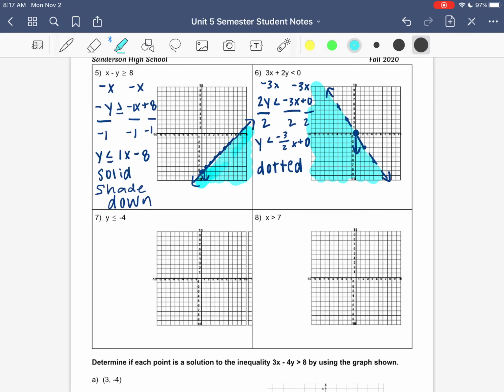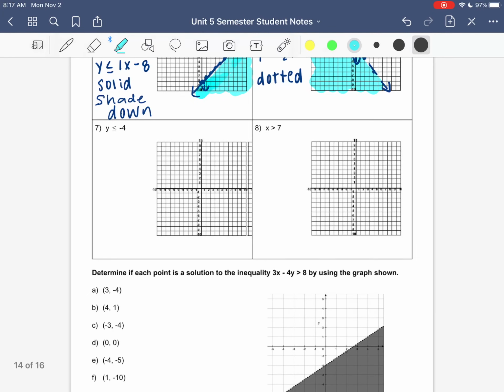All right, number 7 and 8 are a little different, nothing wild, but those are going to be our horizontal and vertical lines. So remember when we have y is equal to negative 4, we'll start with the line. That would be a horizontal line at negative 4. So it's going to cross right through the y-axis at negative 4. And that will be a sideways line. I know it should be a solid line because it has the equal to piece in my inequality symbol.